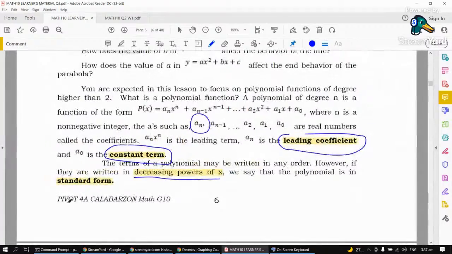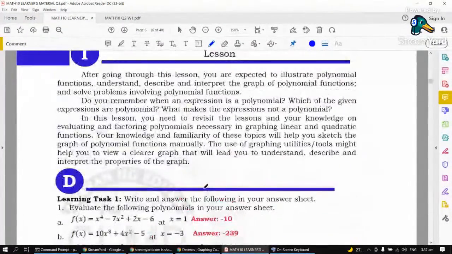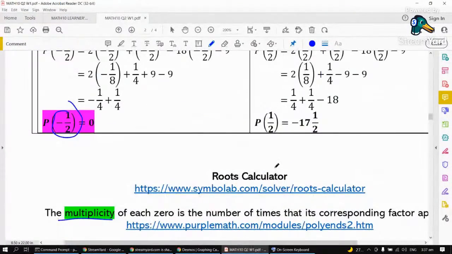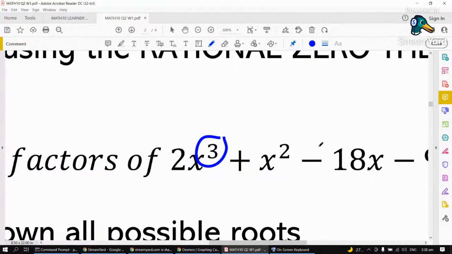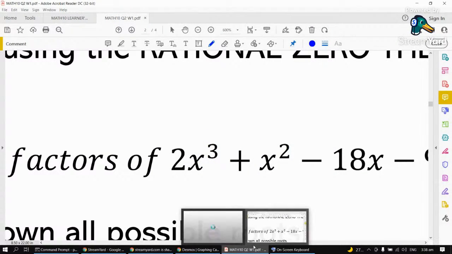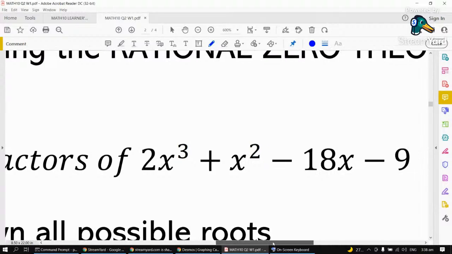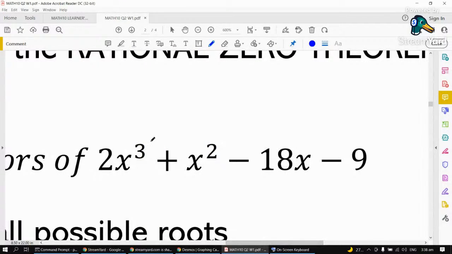Kapag yung isang equation, kagaya nito, kung saan yung may pinakamataas na exponent, x cubed, ito is x squared, ito is x. So, ito yung pinakamalaking exponent.